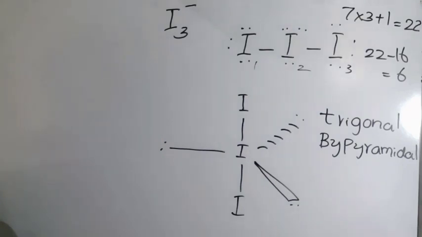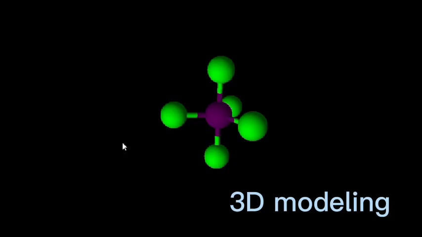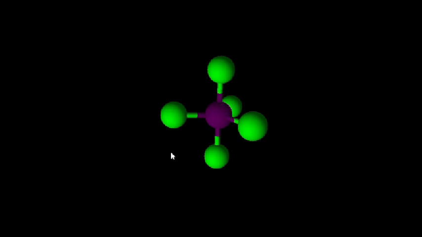That means two pyramids connected from their bases. So this is the 3D model for the trigonal bipyramidal structure. I have drawn it exactly as described for triiodide.